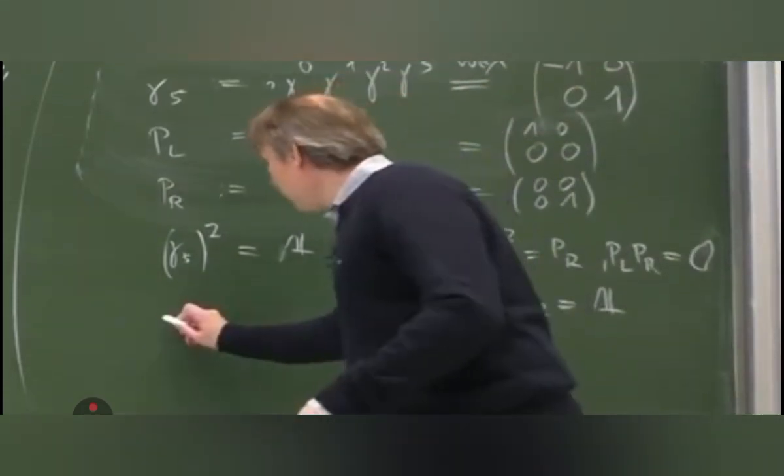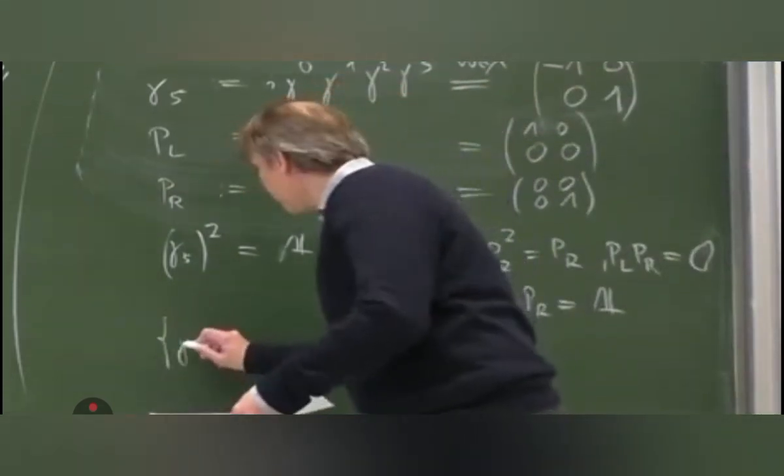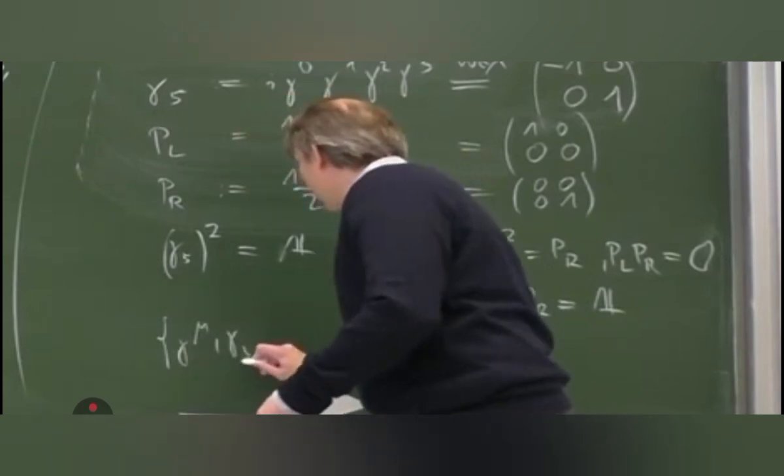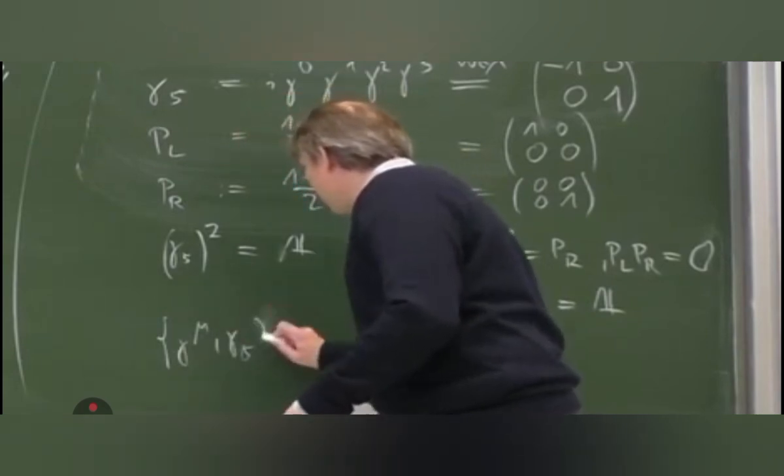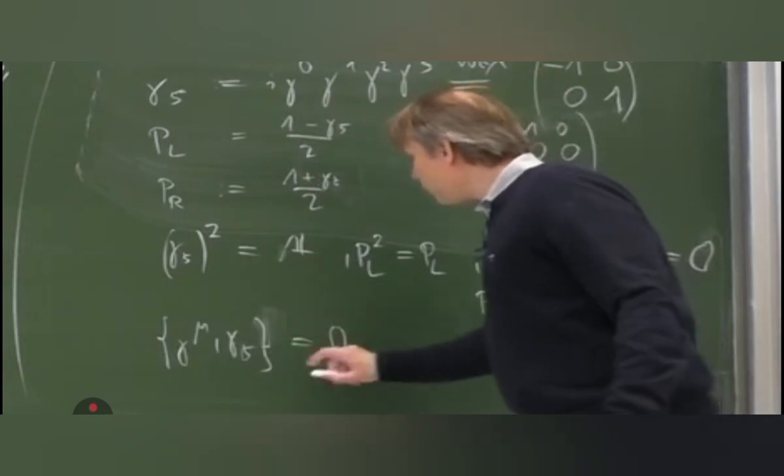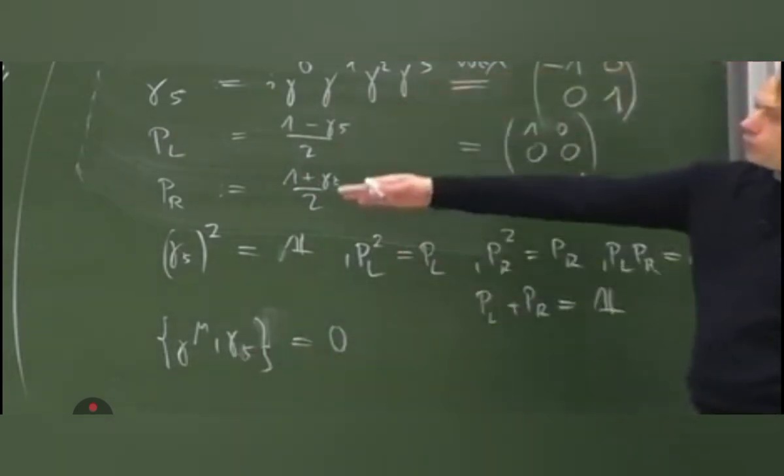Then the final very important property is that the anti-commutator of gamma mu with this new gamma 5 is 0. So gamma 5 anti-commutes with all the normal gamma mu matrices.